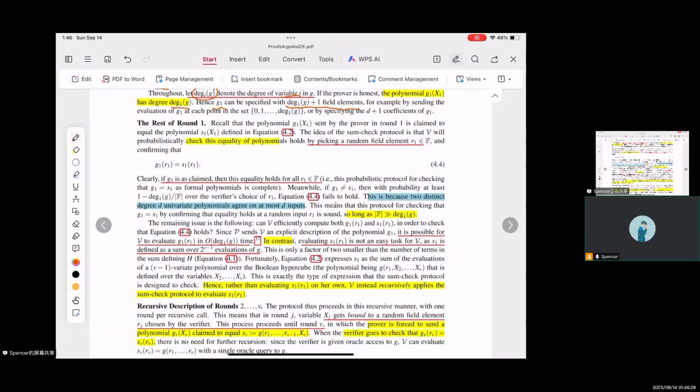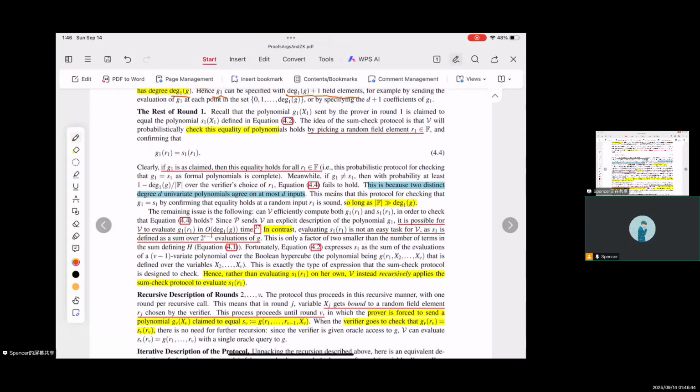And so the problem is if these two polynomials are distinct. What is the probability that for the r1 chosen by the verifier, this equality also holds?